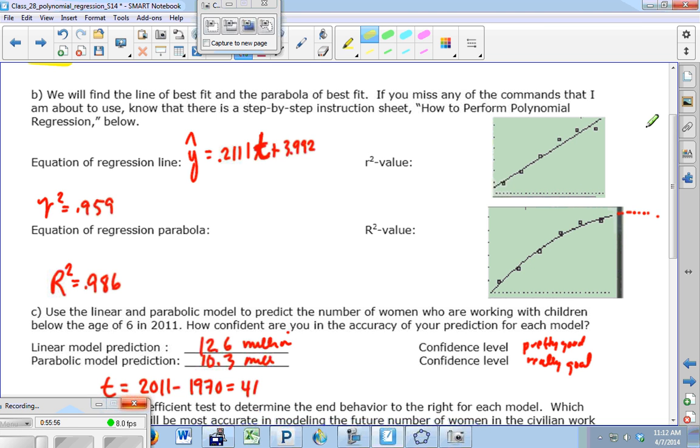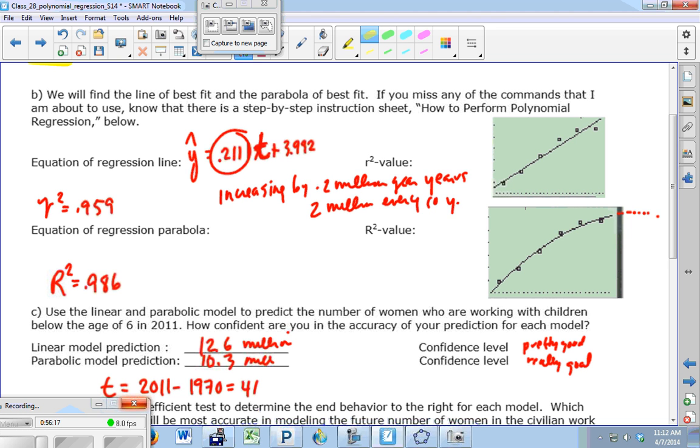Now, whether women continue to grow at this rate, which is what your slope here tells you, you're increasing by 0.2 million each year, or 2 million every 10 years. All right? So whether we continue to grow at that rate or not is debatable. All right? But I know I'm not ever going to be negative.